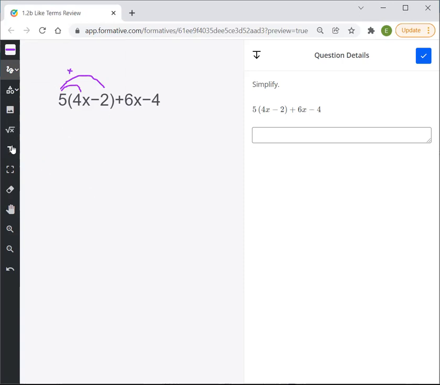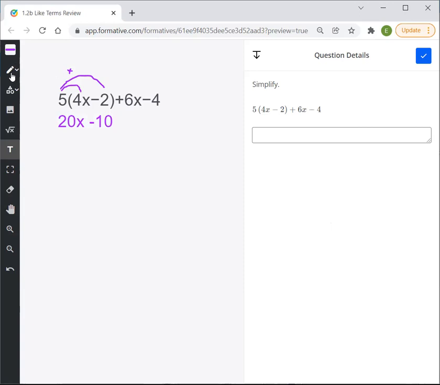So when you multiply 5 times 4, that gives you 20, and you want to keep the x along with it because you don't want to lose that because that's also being multiplied. Then you want to do 5 times -2, okay, or 5 times 2, and then there's only one negative. So it's negative 5 times 2 is 10. And then everything else has to come down with it. Okay?